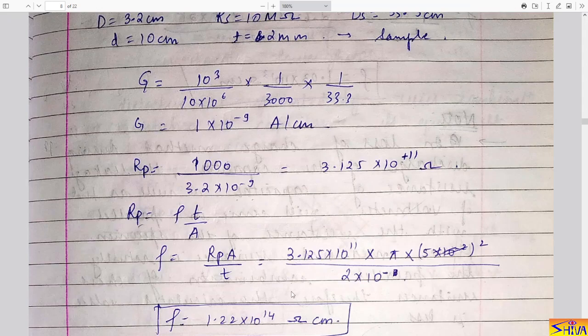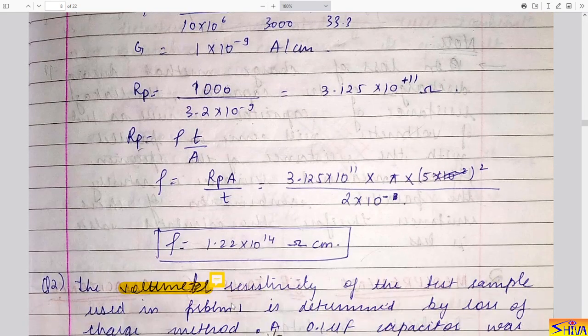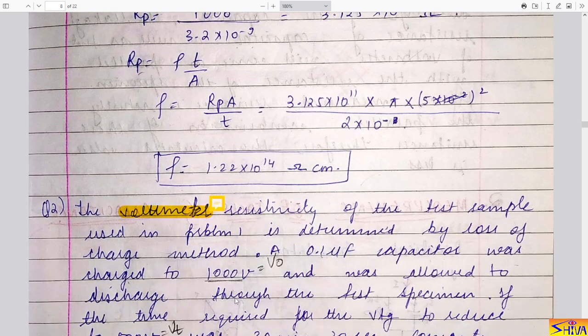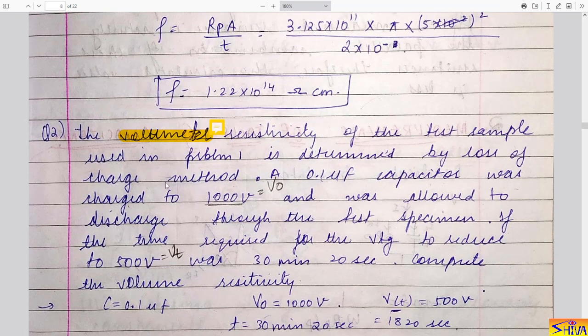Now let us go to the second method. We will find the volume resistivity of the same sample using loss of charge method. Numerical, the volume resistivity of the test sample used in problem 1 is determined by loss of charge method.